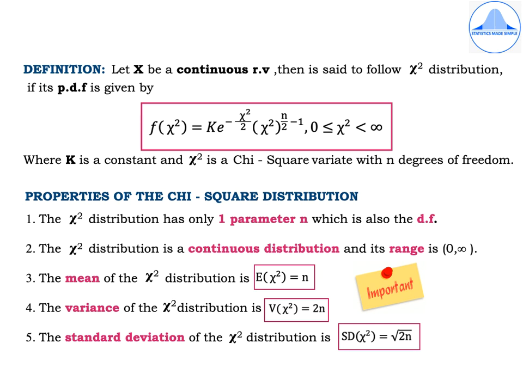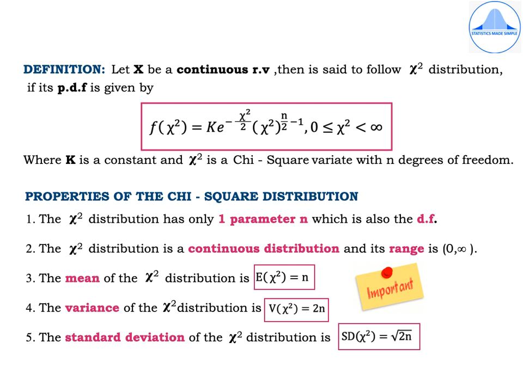You know that every distribution which we have learned till now has either one parameter or it has more parameters. So the first property of the chi-square distribution is the chi-square distribution has only one parameter, and the parameter is n, and it is also called as the degrees of freedom.